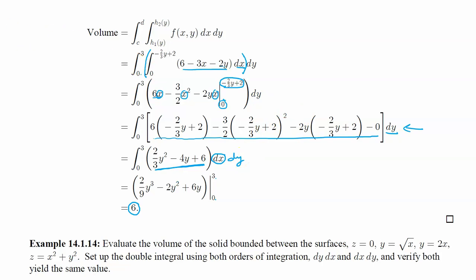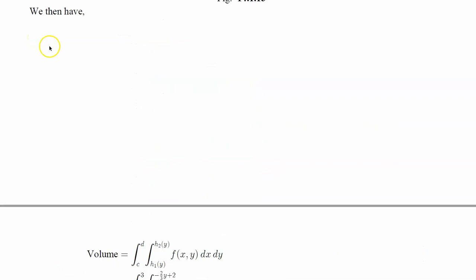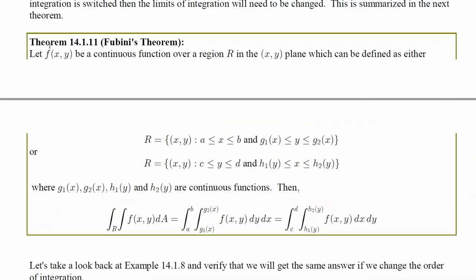And that is essentially what Fubini's theorem here is stating. That's the statement of Fubini's theorem up here. You see, Fubini's theorem is making the statement that you can switch the order of integration and you will get the same answer as long as the region defined by these two limits of integration define the same region.